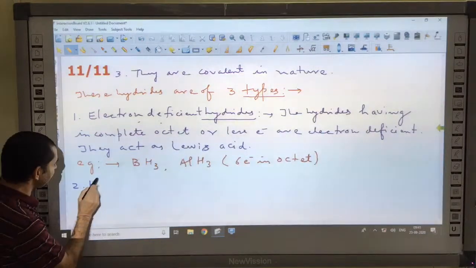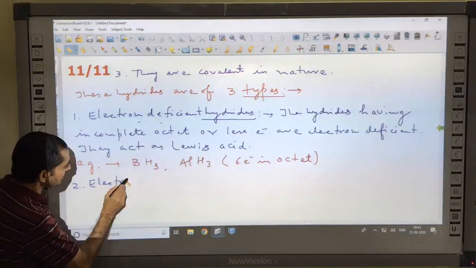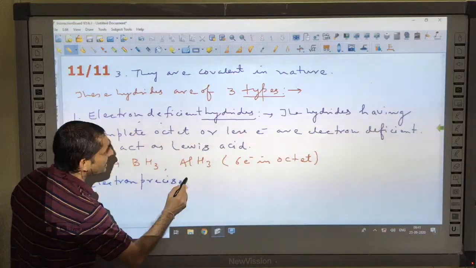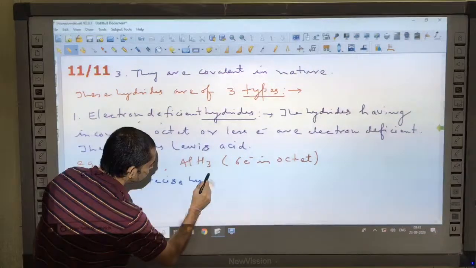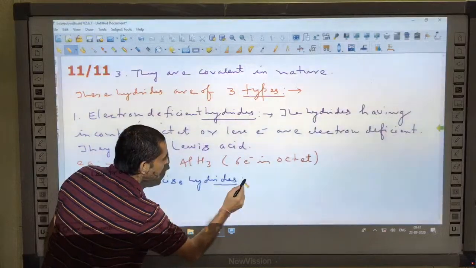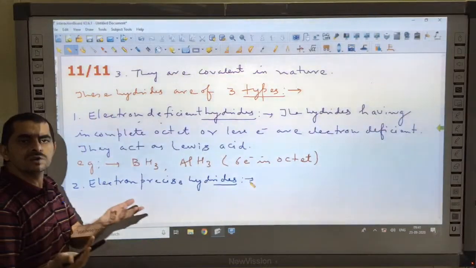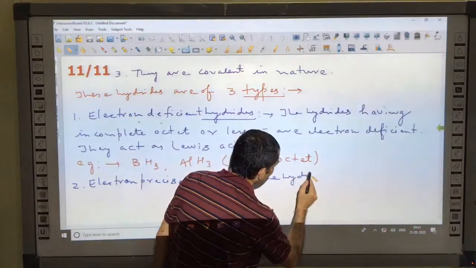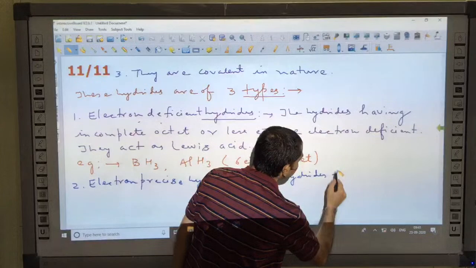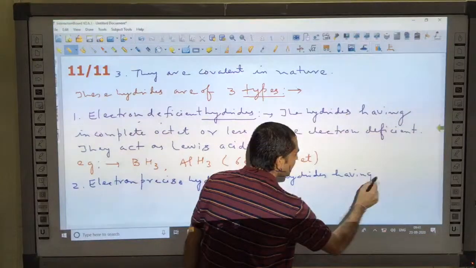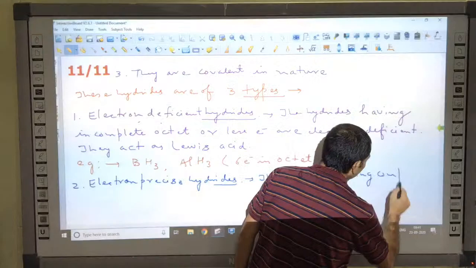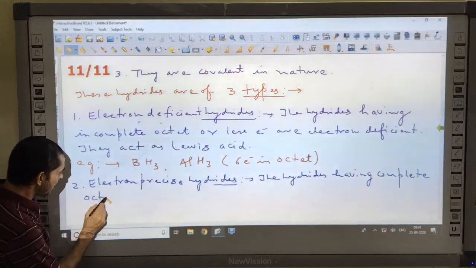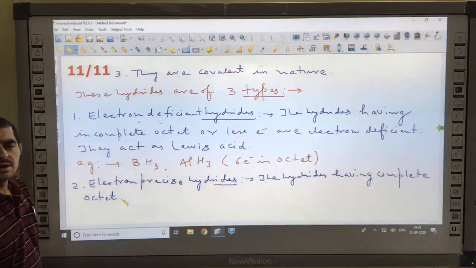Now, number second, electron precise hydrides. The name indicates electron precise, the electron number is balanced. The hydrides having complete octet are electron precise.